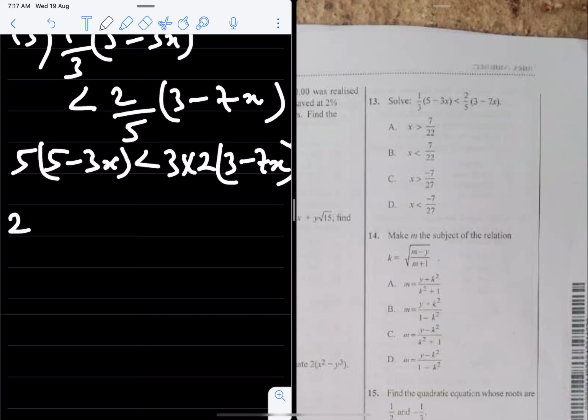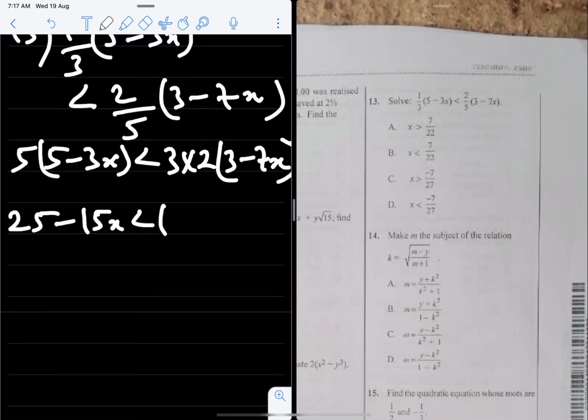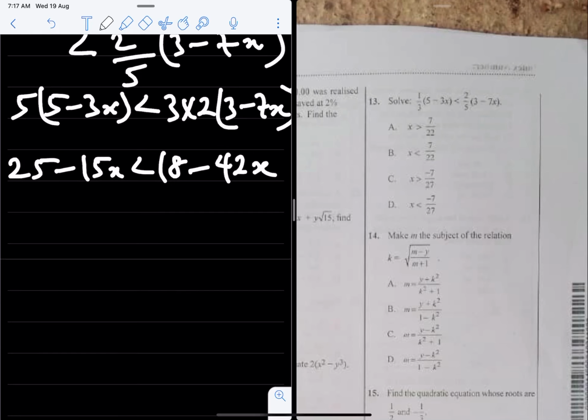And that's going to be 25 minus 15x is less than 6 times 3, 18 minus 6 times 7, minus 42x. That simply means we can collect like terms.